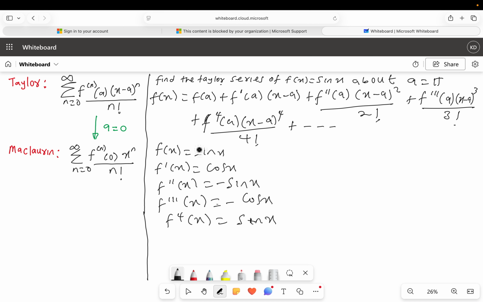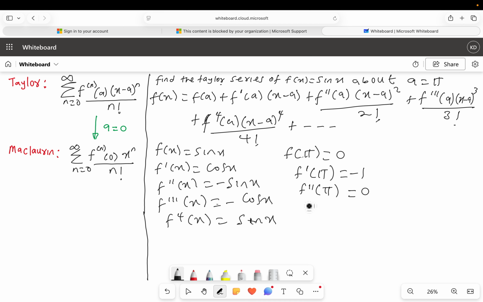So I need to find the values for these about the point A is equal to pi. f of pi will just be 0. f prime of pi, that is if I substitute pi here, that is cos pi, I will have minus 1. f double prime of pi will be 0.